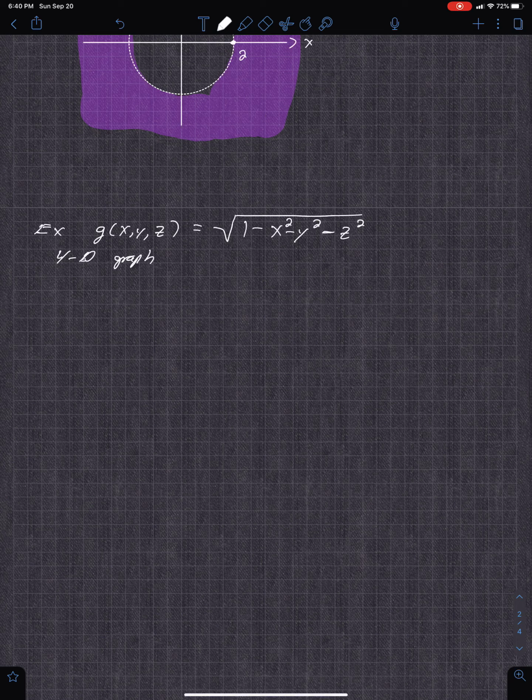What you can do is set it equal to 0, and then you get basically what it is projected into the XYZ plane. We'll talk about that a little later. But the domain is in 3D.